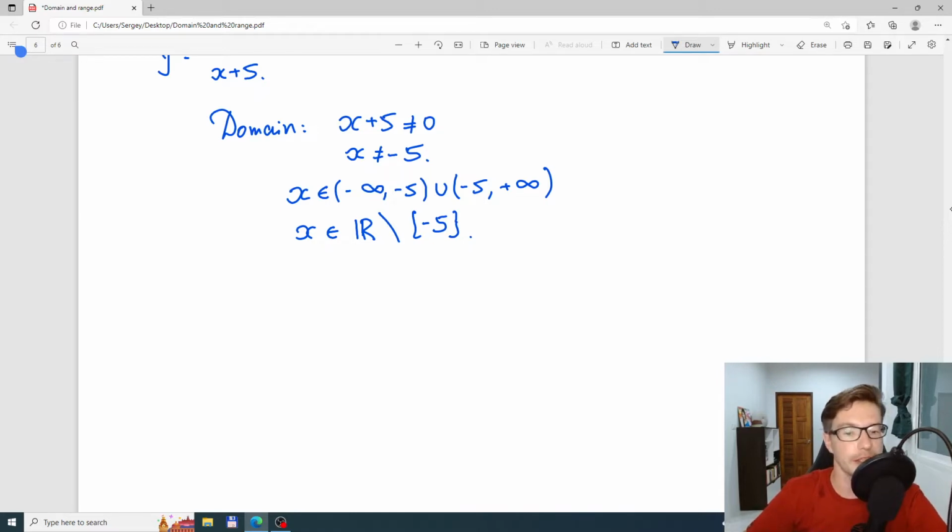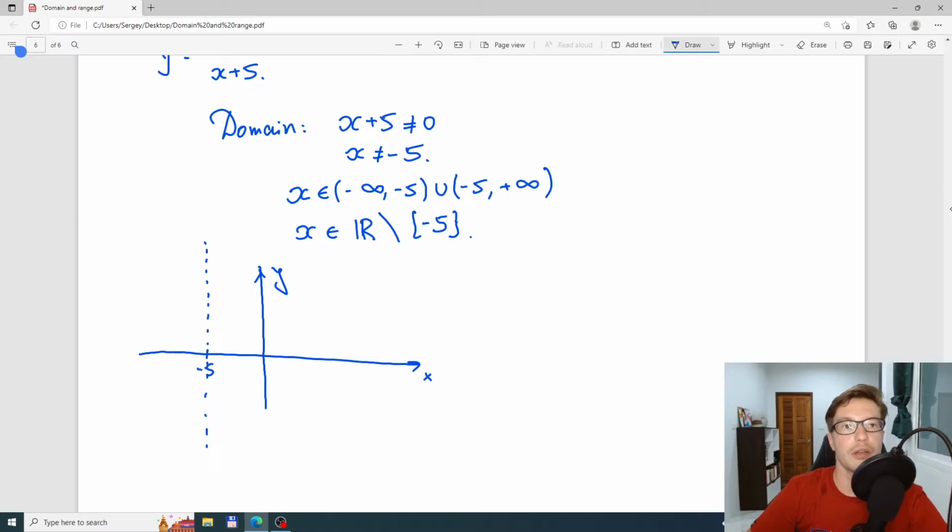Now, what about the range? Again, sketch. Now, x cannot be equal to -5. And it's very useful to remember how the graph of a rational function looks like. Let's sketch somewhere on the side y equals 1 over x.